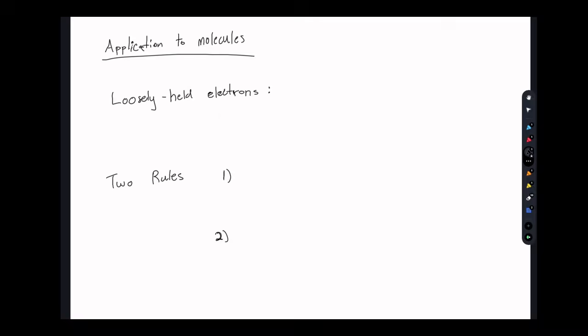So when we're applying this to molecules, I first need to define this term, loosely held electrons, is how I like to word it. These are electrons that are high in energy and reactive. Generally, they are able to move, is how we can view this.